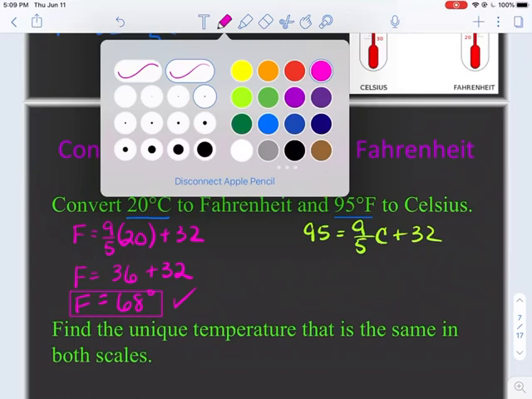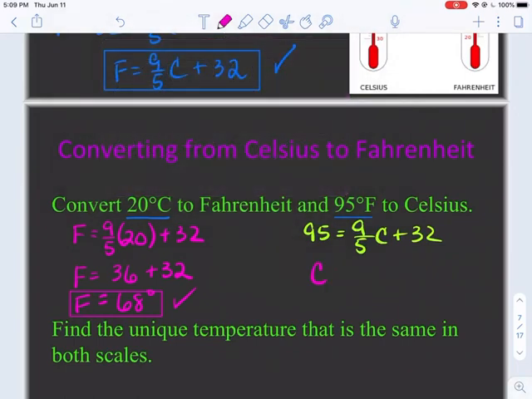I could use the alternative equation, where c is equal to 5/9 times the quantity f minus 32. We just convert the above equation that we see up here.